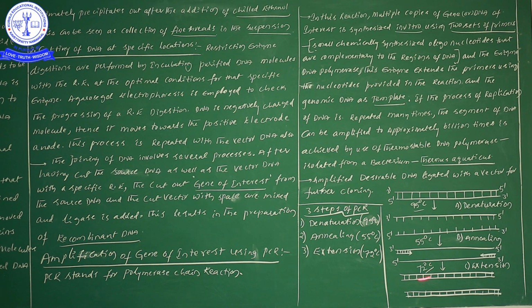Now the first step is denaturation. The word itself gives information regarding denaturation. Now you see here double stranded DNA is there. In the denaturation process, at 95 degrees centigrade, this double stranded DNA is converted into 2 single stranded DNAs, one here and one more here. When the 2 strands are present together, hydrogen bonds are in a normal situation.